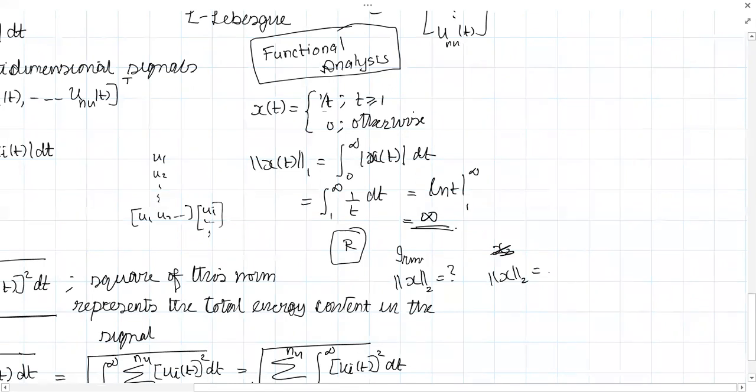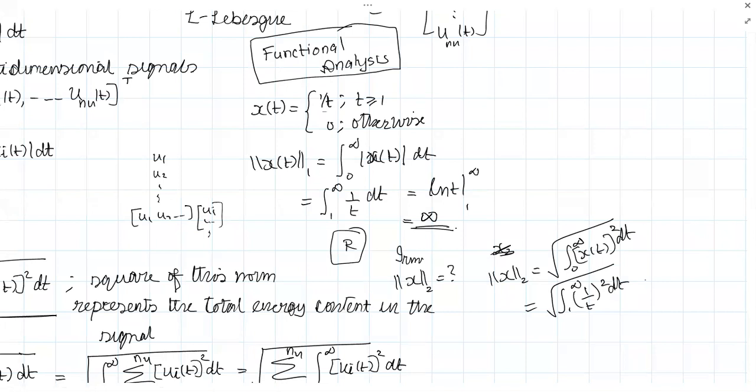Root of integral 0 to infinity of x of t square dt. Do that and see what you are getting. This will become integral from 1 to infinity, because it is defined only from 1 onwards. So integral 1 to infinity of 1 by t square dt. Do that. What's the value?